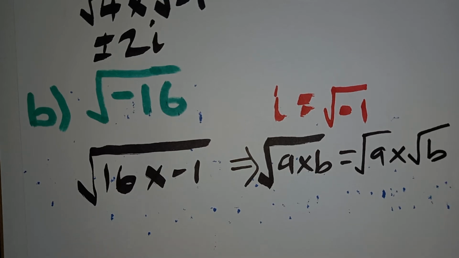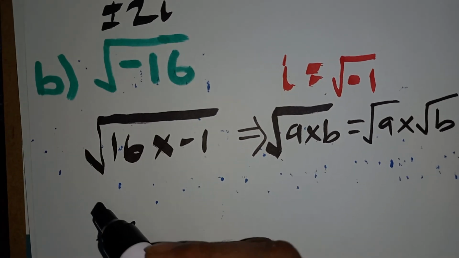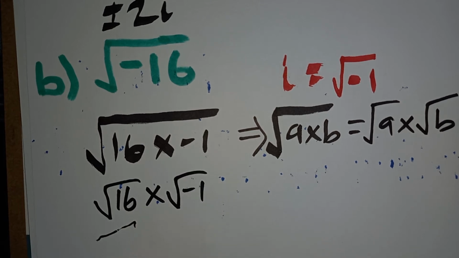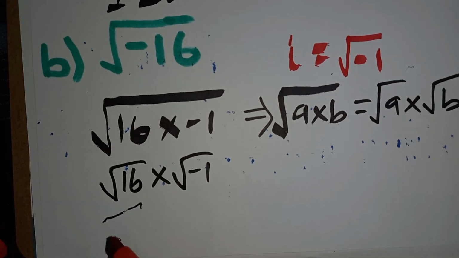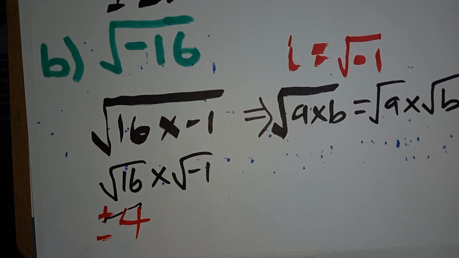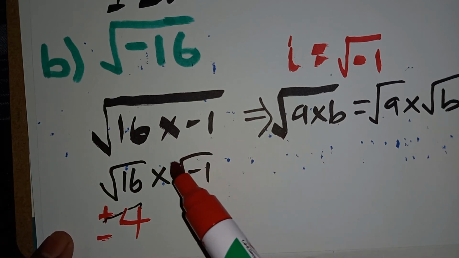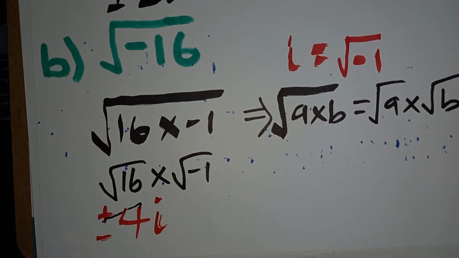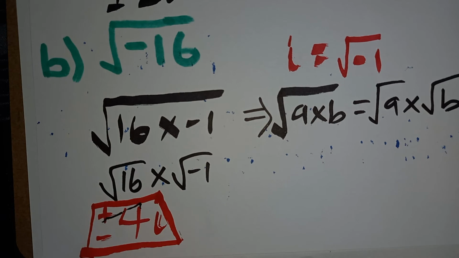So this can be written as the square root of 16 times the square root of negative 1. Now square root of 16 we know is plus and minus 4. 4 squared will give me 16, or negative 4 squared will give me also 16. And root of negative 1 is i. So again we were able to find the square root of negative 16.